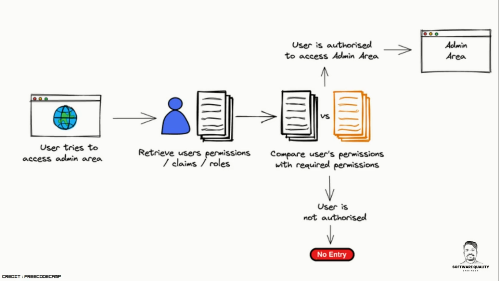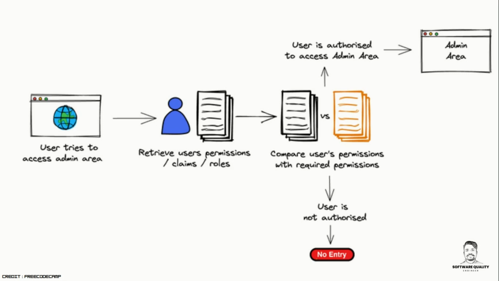Let's see this diagram. The user is trying to access the admin area. Let's take any website, there are several access levels: normal user, admin, manager, like this. In this diagram you can see the user is trying to access the admin area. The user logs in via username and password.